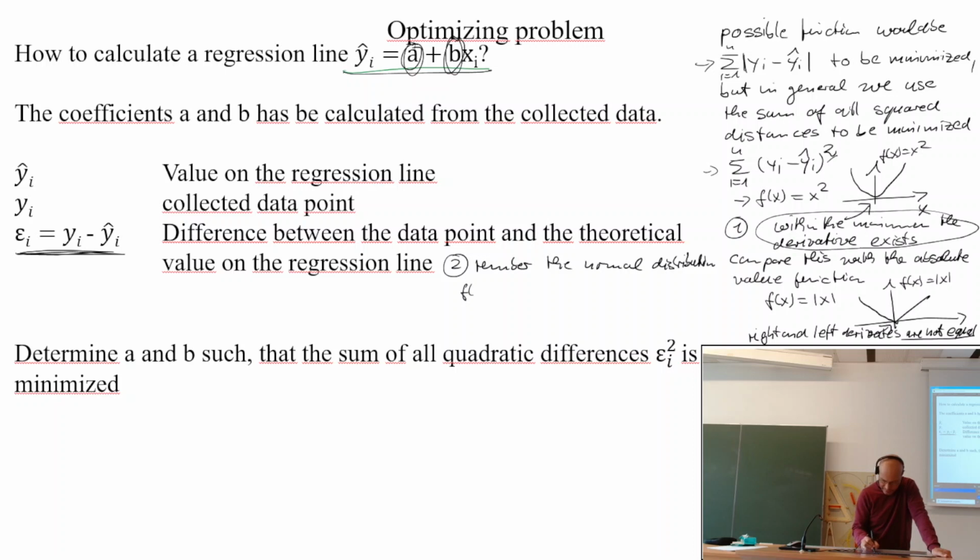And for the normal distribution, the density function was roughly e to the power of minus x minus x bar squared over sigma squared. And here, within the normal distribution, we have also the squared distance.